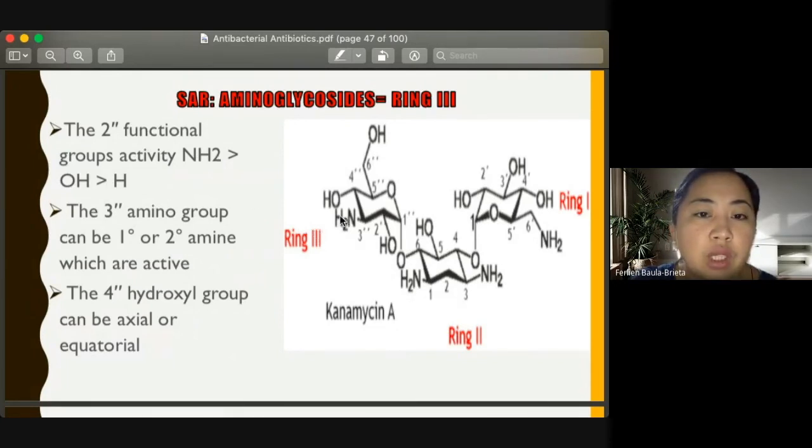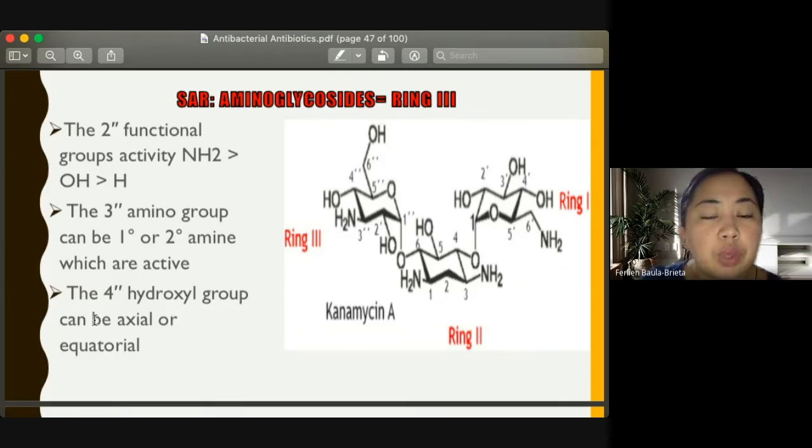So pwede tayo mag-add dito ng amino, hydroxy, and hydrogen. So each amino will increase better action compared to hydroxy, compared to hydrogen. And then the 3 amino group can be primary or secondary type of amine, which are active. So this one, this is a primary amine. You can change it later on with a secondary amine.